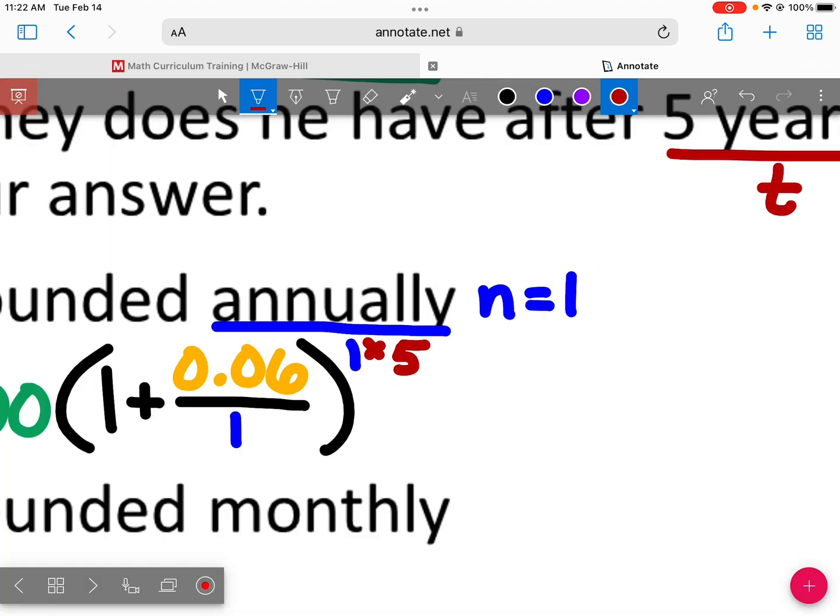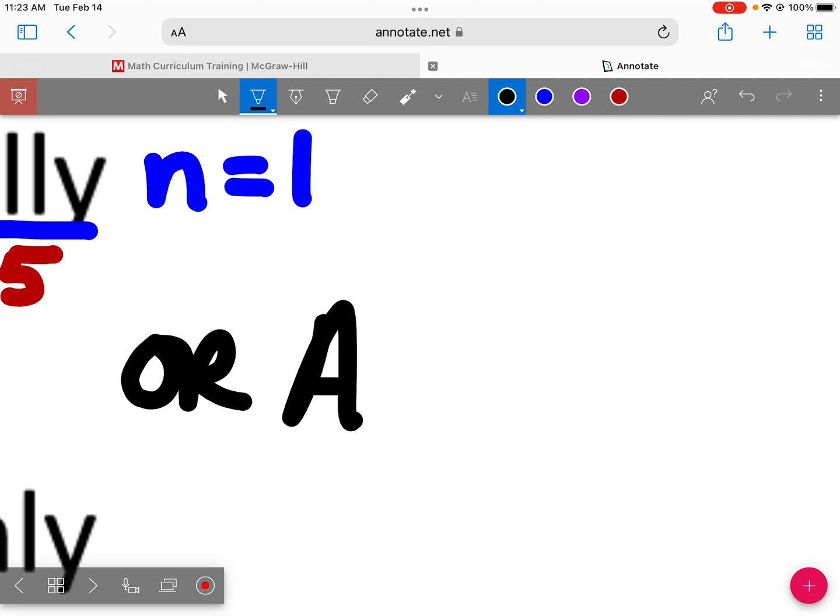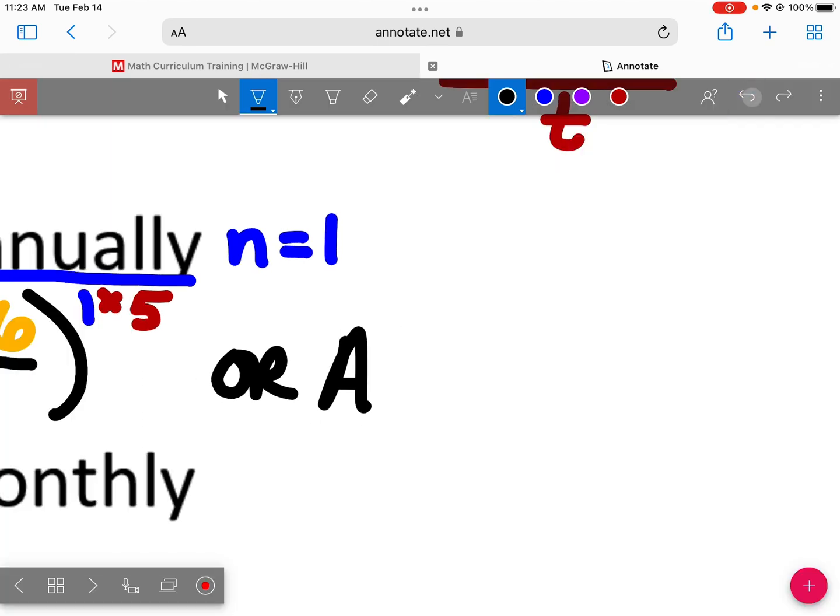All right. Question. What happens if you do 0.06 divided by 1? What happens if you do that fraction, 0.06 divided by 1? It's going to be the same. It's just going to be 0.06. All right, so I'm going to write down what we're saying here, leaving everything else the same.